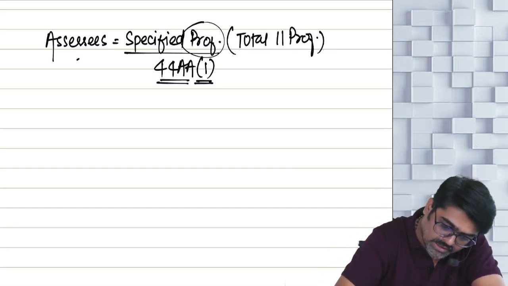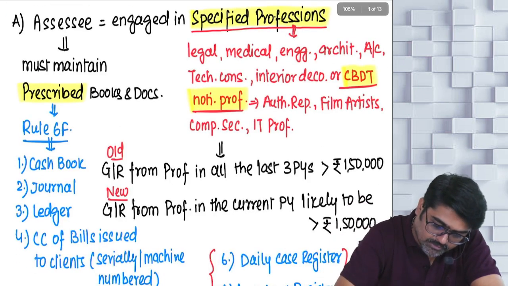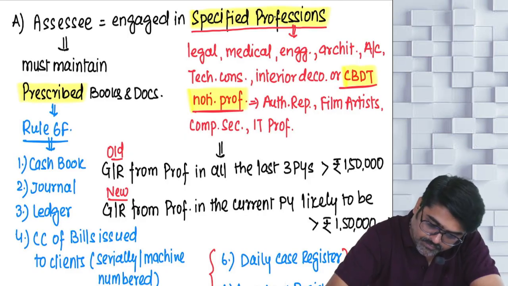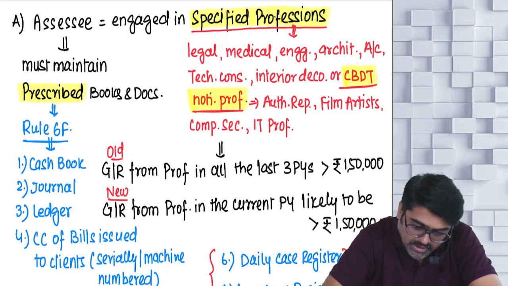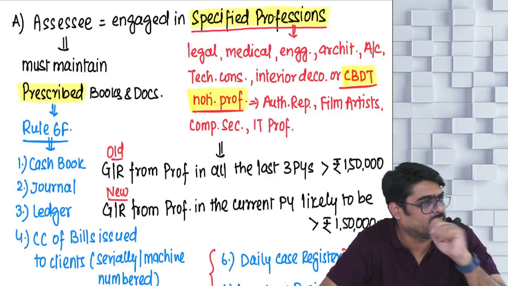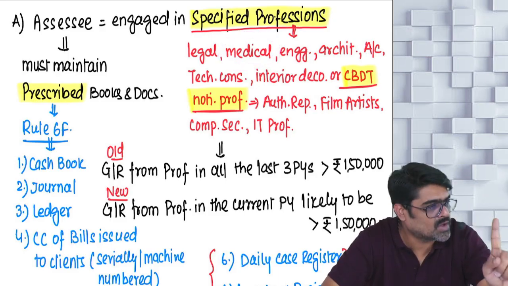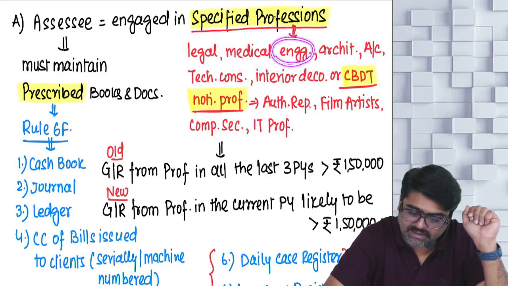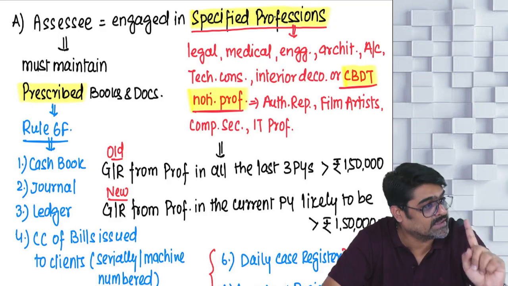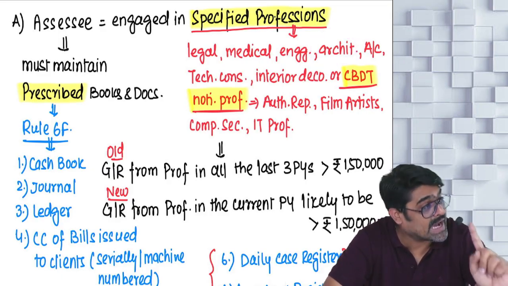Okay, so now tell me, I'll show you the names. Who is this? Legal profession. So assessee who is engaged in which profession? Meaning assessee is a lawyer. Or he is engaged in medical profession, meaning he is a doctor. Assessee is engaged in engineering profession, meaning he is an engineer. Assessee is engaged in architectural profession, meaning he is an architect.